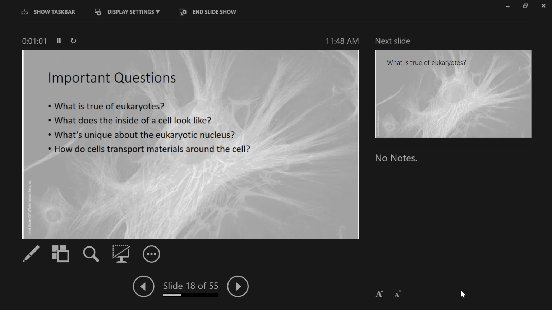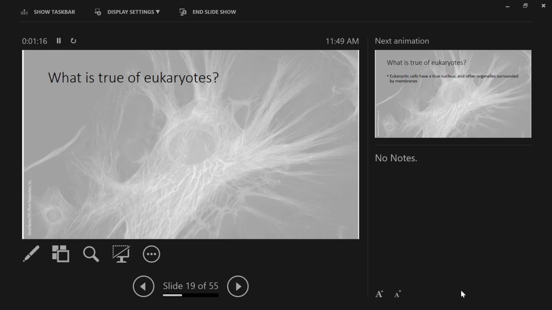Now, last time we talked about how cells ensure efficient transport inside and outside of the cell. And you know that that's by the plasma membrane and by transport proteins allowing things in. But let's talk about specifically within the cell. So what is true of eukaryotes?